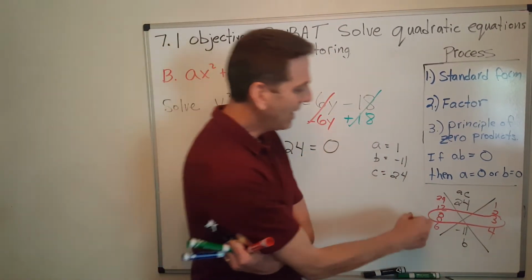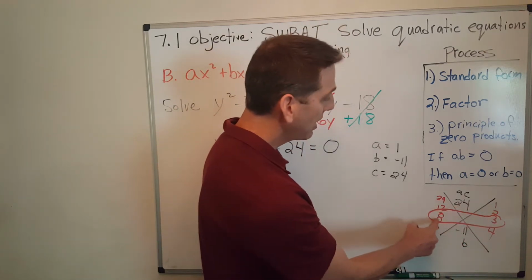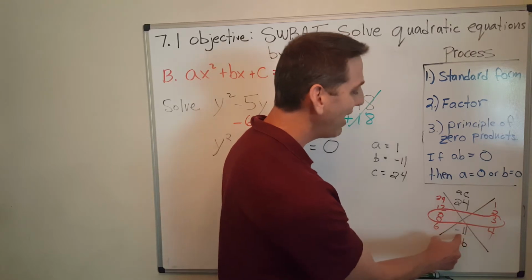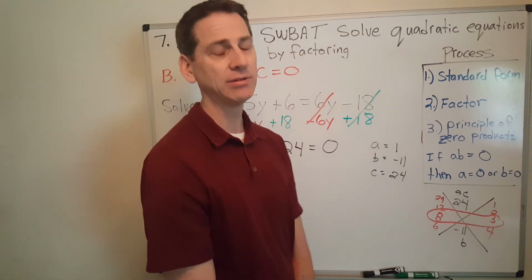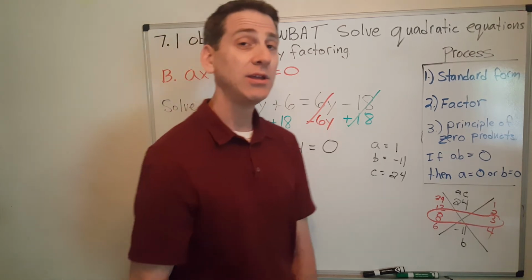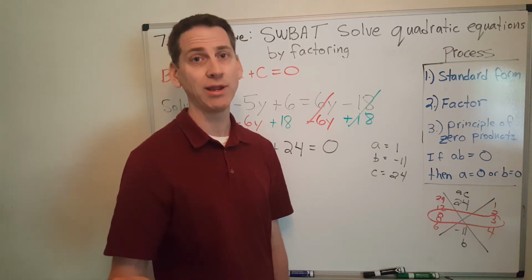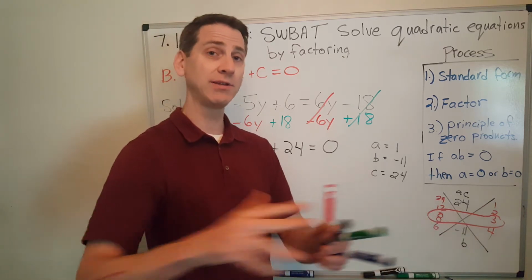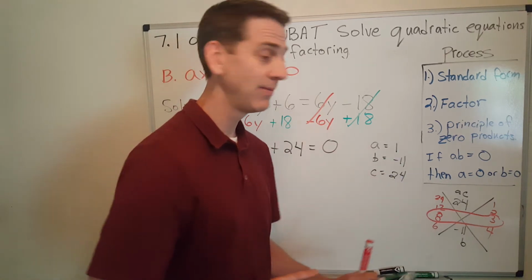Okay, so 8 times 3 is 24. But 8 plus 3 is a positive 11, and I need a negative 11. How can I get a negative 11? Well, you have to understand there's 2 ways of getting a positive number by multiplying. I can multiply 2 positives, or I can multiply 2 negatives, right?